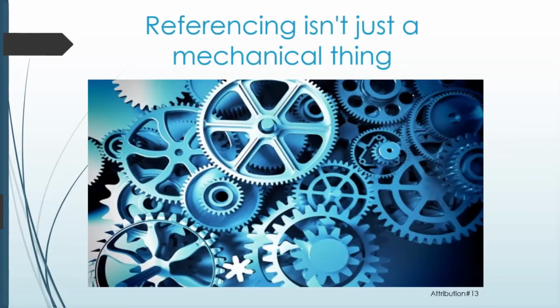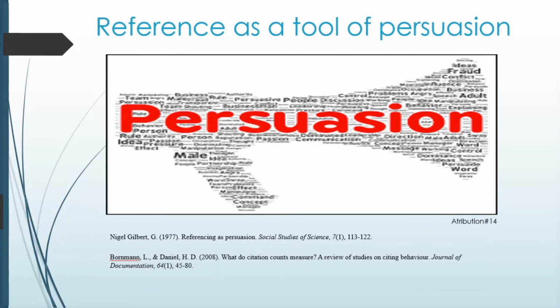Please remember, referencing though looks like a very technical and mechanical thing, however, it is actually not that dry. Reflecting on the task of referencing will lead you into a whole lot of other critical understandings. For example, apart from acknowledging the source, it can also be used as a tool of persuasion.